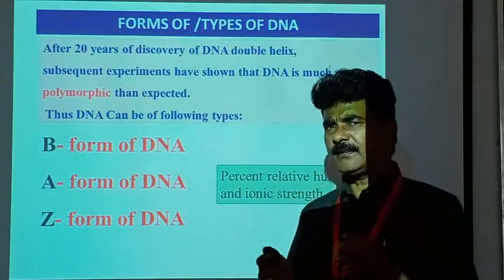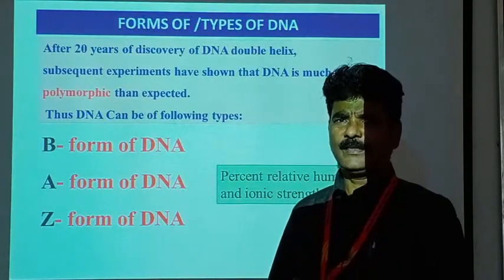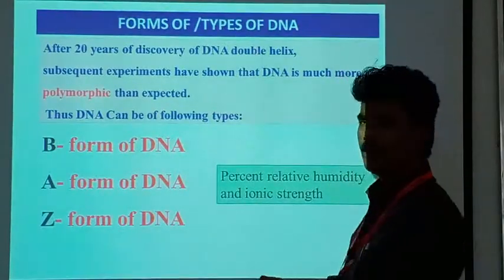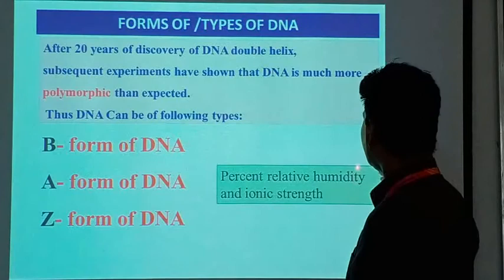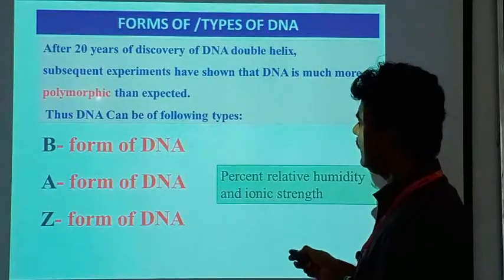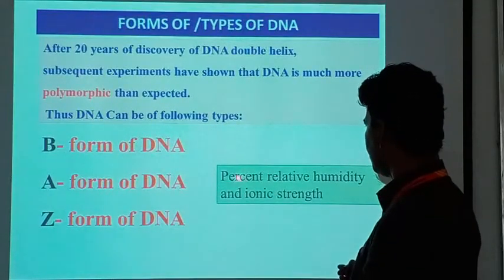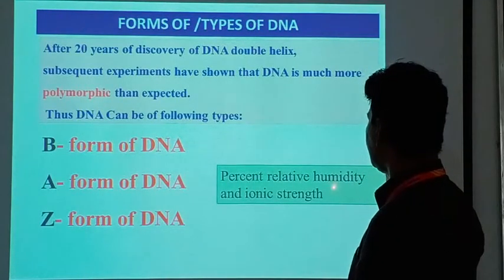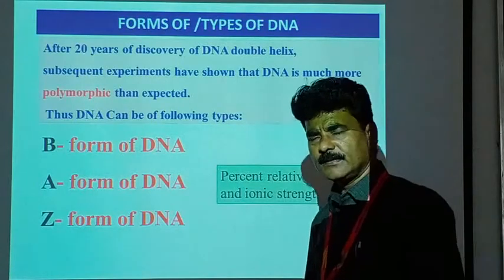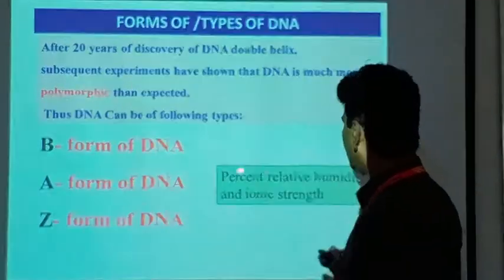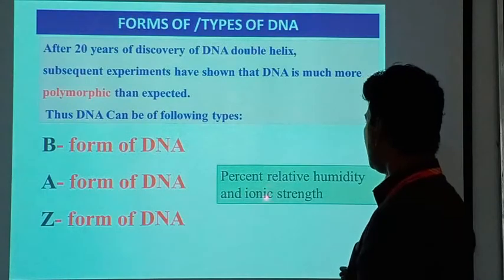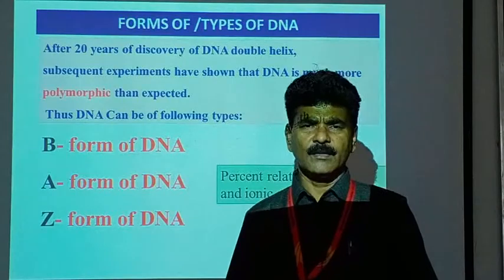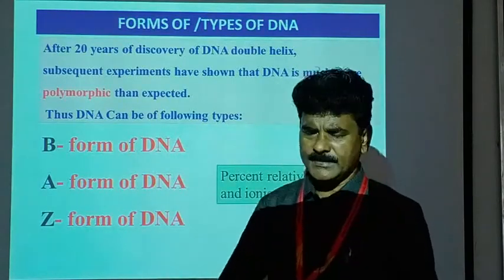We have to understand the different forms of the DNA, what these scientists after Watson and Crick have studied and how they have commented. They have studied the DNA in different environments. Means percent relative humidity, the factor they have considered, or the different ionic strength, the concentration of the solutions in the cell, where the DNA is present.